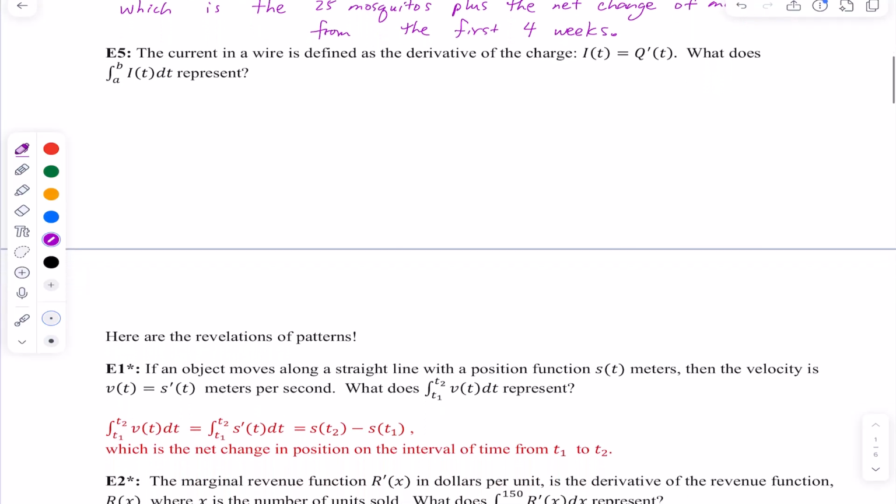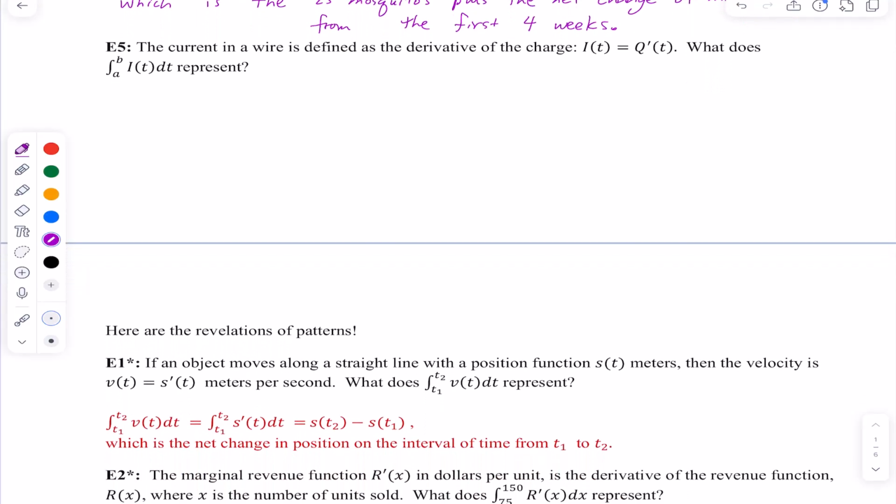Even if you're not familiar with electricity and currents in a wire, we could still analyze the next definite integral. We have a definite integral, and we could substitute the function I of t with the derivative of q of t.